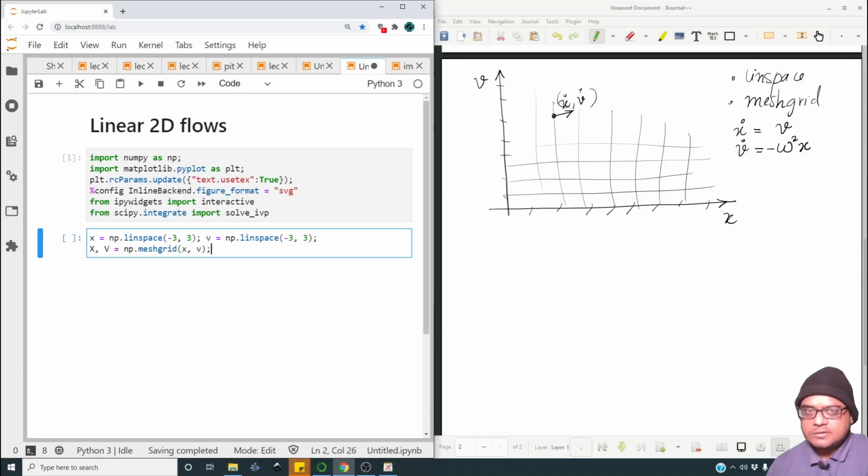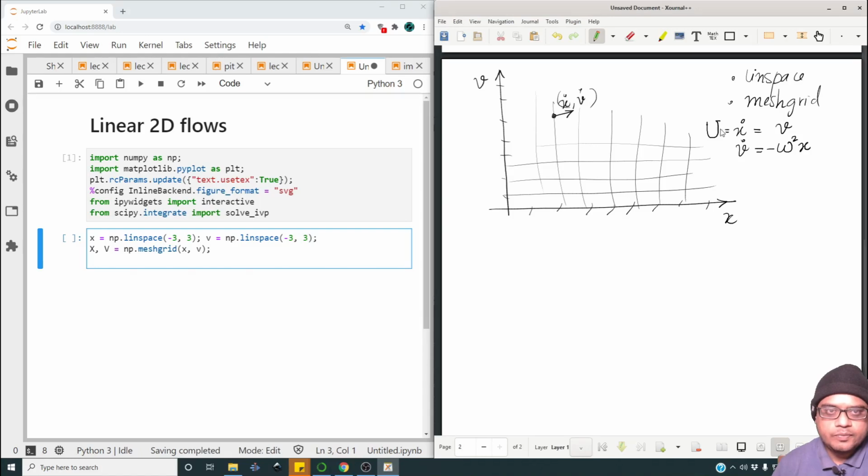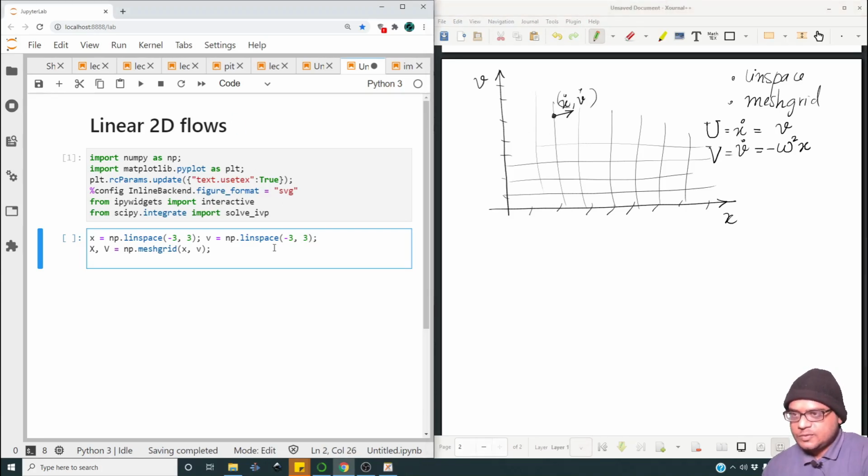Now once we have this, let us define the velocities. Let me call these capital U and capital V, which is very convenient. So it's like the velocities in the x and y directions respectively. So we will define the function. So U is simply equal to v. Yes, we have already used v.